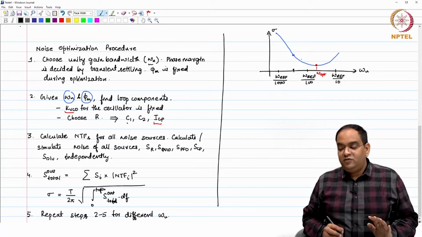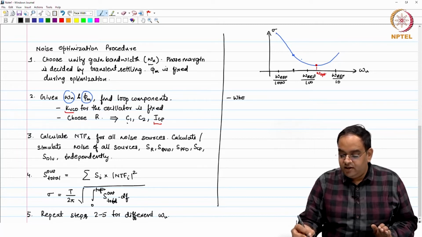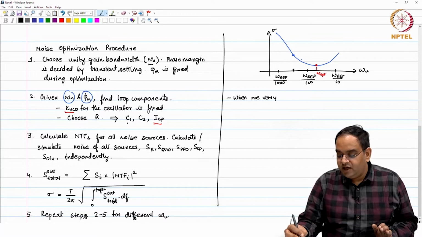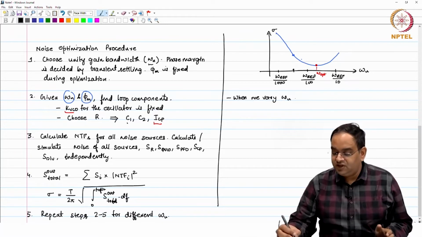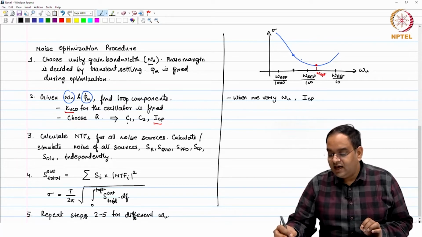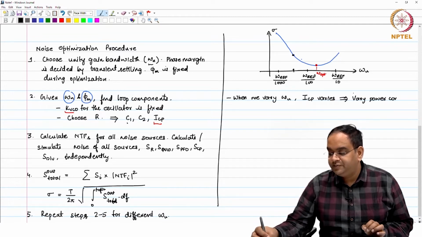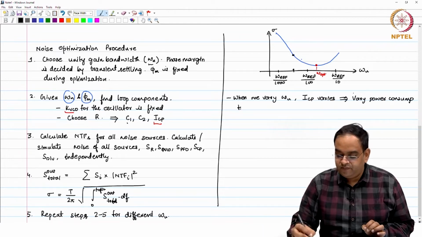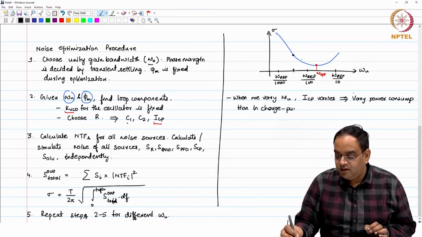When we vary omega u without making any changes to the reference or the output frequency, the only other block in which the power consumption will vary is the charge pump, because ICP varies. Only that power consumption will vary, the rest will remain the same.